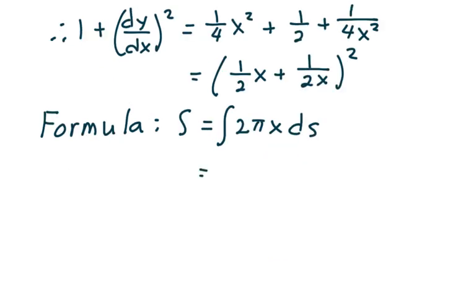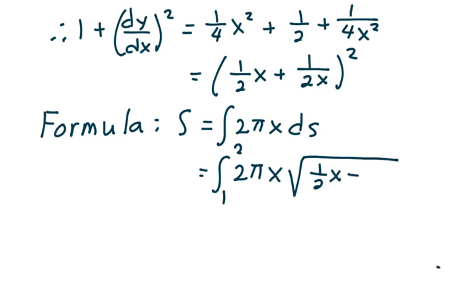So this is going to be the integral from 1 to 2 of 2 pi. I'm integrating with respect to x this time, so I'm going to leave the x alone, and I'm going to multiply by the square root of (1/2 x plus 1/(2x)) squared dx.